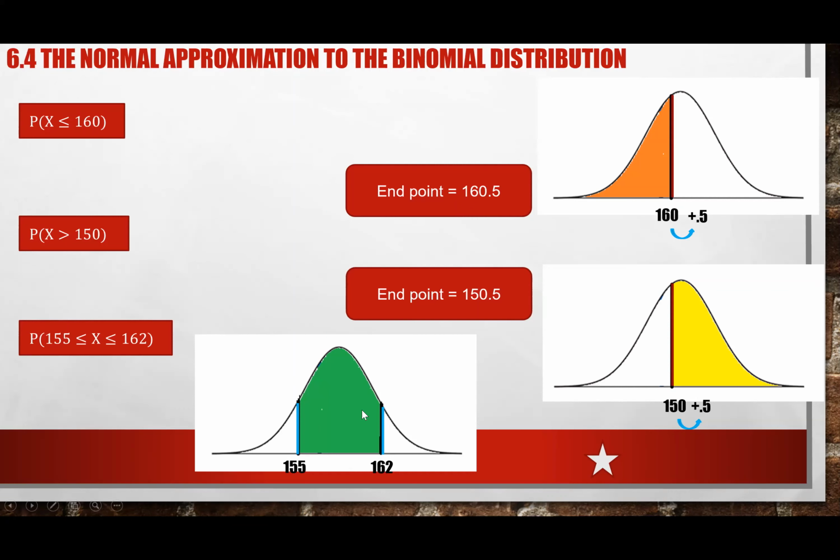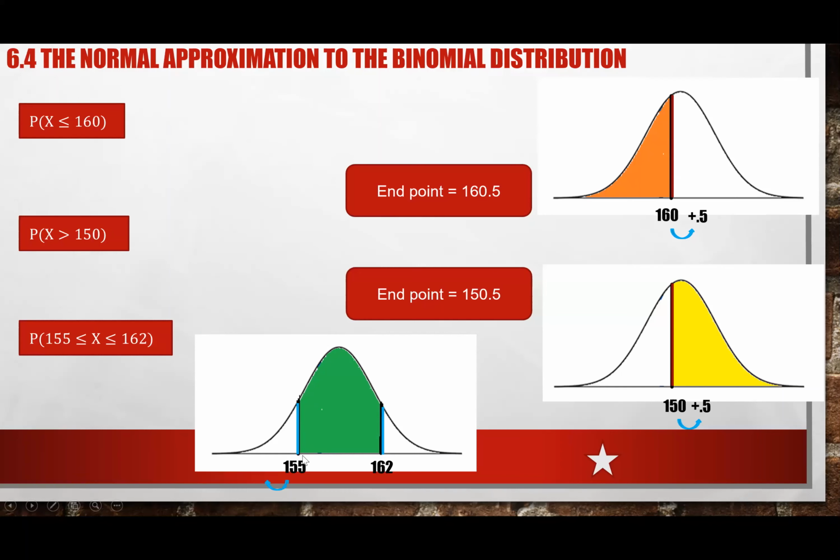Now, the most important thing in 6.4 is, after you find the region, your mean, and your standard deviation, we have to do one extra step, which is to adjust the endpoint. Do we include the 155? Do you agree that we need to include the 155? If we include the 155, we cannot go to the right, because then we would throw away 155.